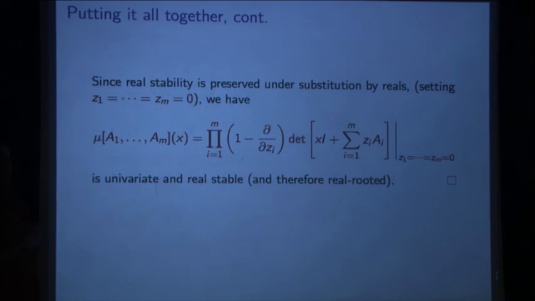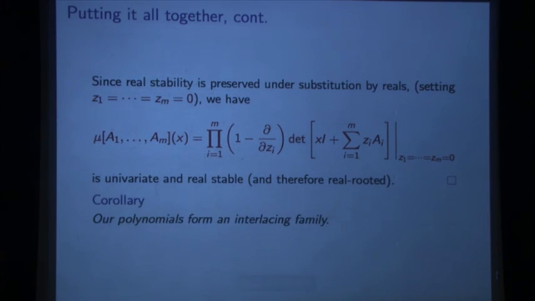But what comes out is univariate, it's only a function of x, and any real stable polynomial which is univariate is real-rooted. And so all of our mixed characteristic polynomials are real-rooted. So hopefully that answers your question. The probability distributions are irrelevant. And as a corollary, our polynomials form an interlacing family because all of our polynomials were mixed characteristic polynomials, and all mixed characteristic polynomials have real roots.